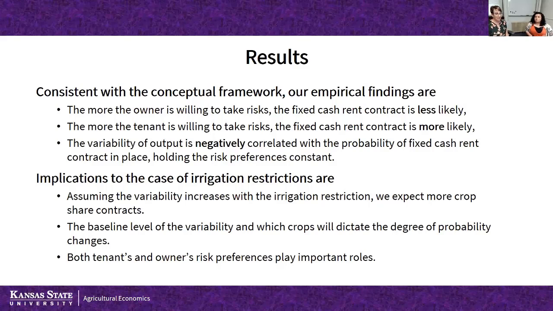So we can't necessarily predict which way profit variability is going to drive things, but if preferences of landowners and tenants change, that may drive the results in a different direction as well.